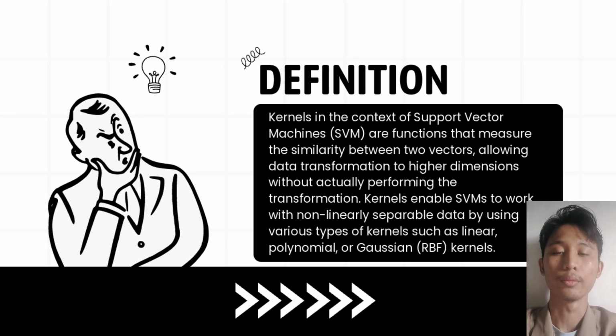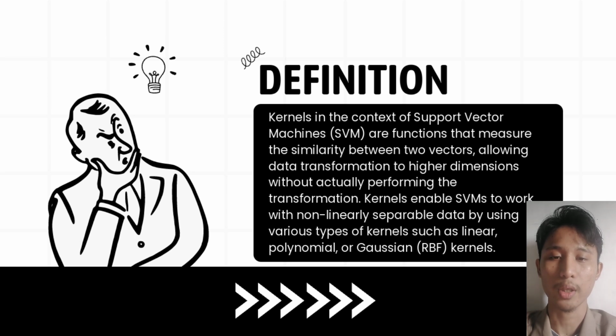Alright, first definition. Kernels in the context of support vector machine, or SVM, are functions that measure the similarity between two vectors, allowing data transformation to higher dimension without actually performing the transformation.